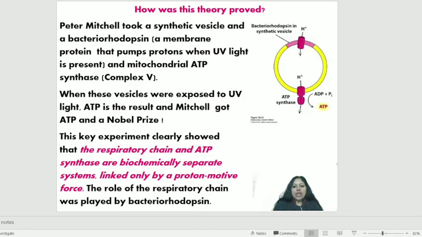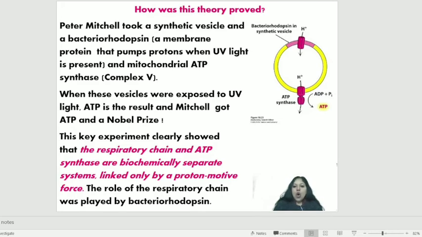It was obtained from bacteria; bacterial rhodopsin is present in some halophilic bacteria, as far as I remember purple bacteria, and it was isolated from them and combined with this vesicle. So two things were required as per Peter Mitchell: one was the proton pump, and the second was the ATP synthase itself, because ATP cannot be formed without this synthase complex. The inner mitochondrial membrane was recreated by these synthetic vesicles.